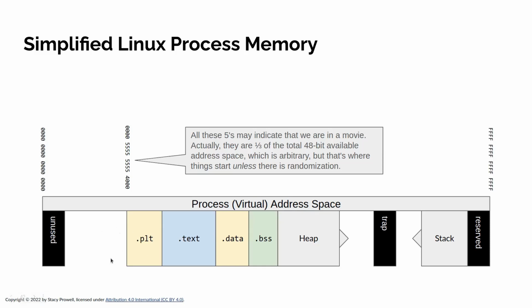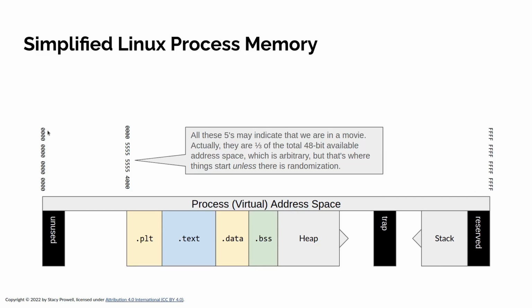So you may see a chunk of memory that looks like data, or like the PLT and the GOT, that's actually down here. Then you have the heap growing up, you have the stack growing down, you have a canary or a trap here in the middle. On Linux, you have other stuff. And then you have some reserved stuff up here at the top.